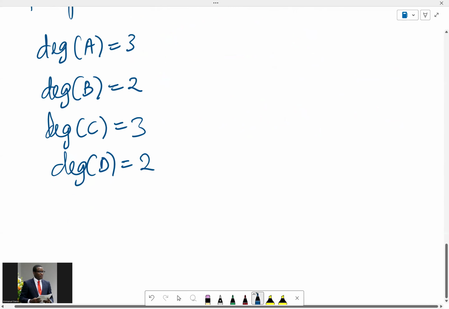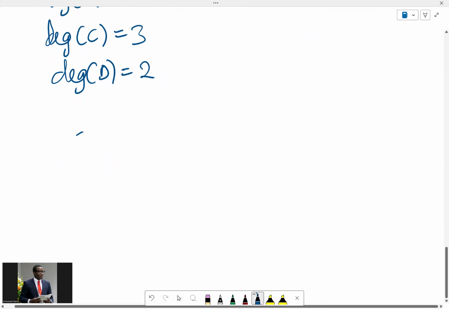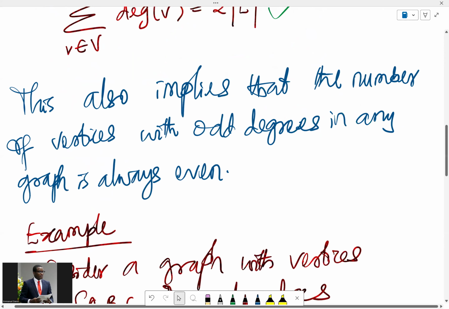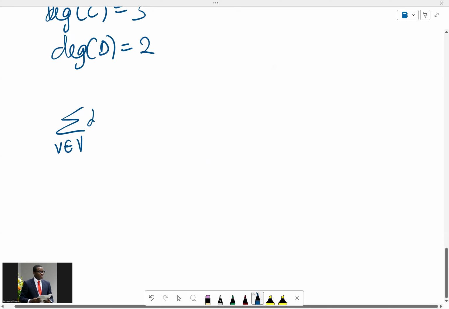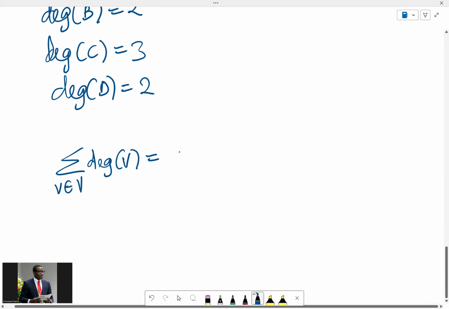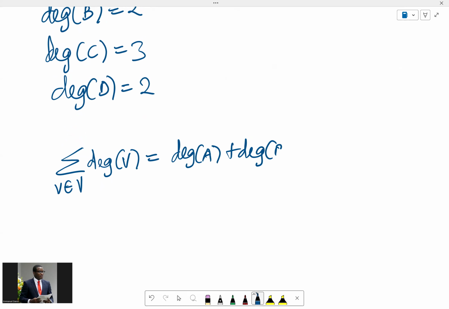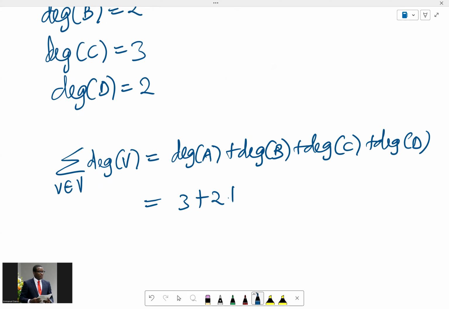So now let's see the sum of this. What does the formula say? The sum of the degree of V. So if you sum all that up, that's the degree of A plus the degree of B plus the degree of C plus the degree of D. That simply means we have 3 plus 2 plus 3 plus 2, and that is simply 10.